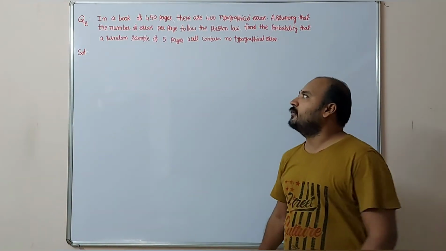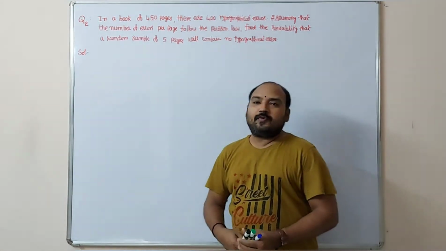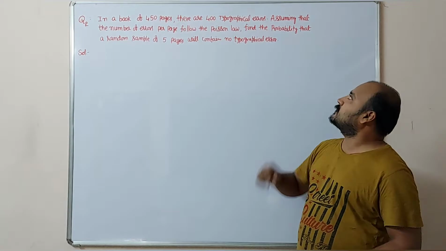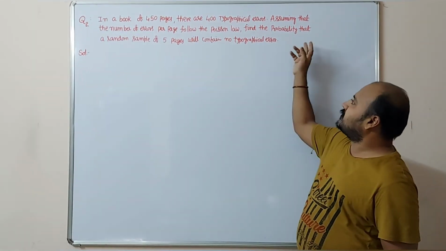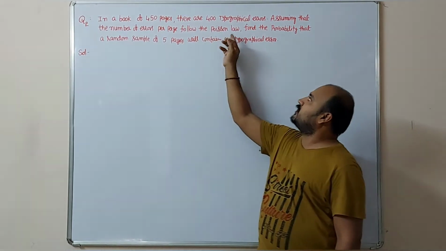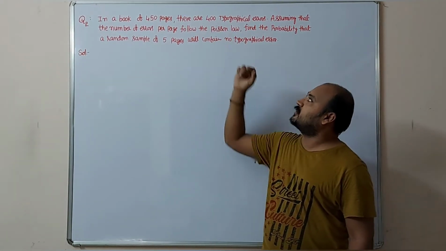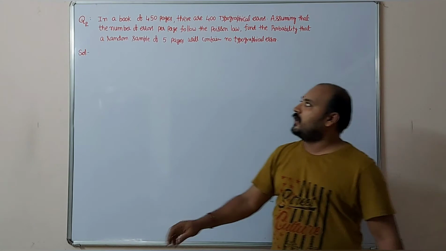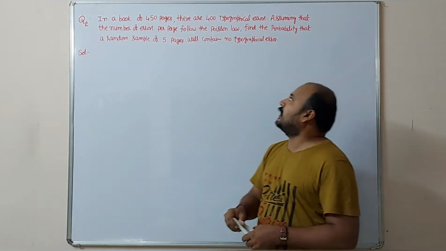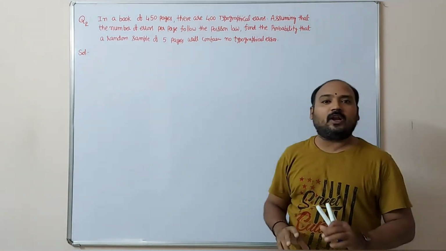The next question. In a book of 450 pages, there are 400 typographical errors. Assuming that the number of errors per page follows Poisson law, find the probability that a random sample of 5 pages will contain no typographical errors.